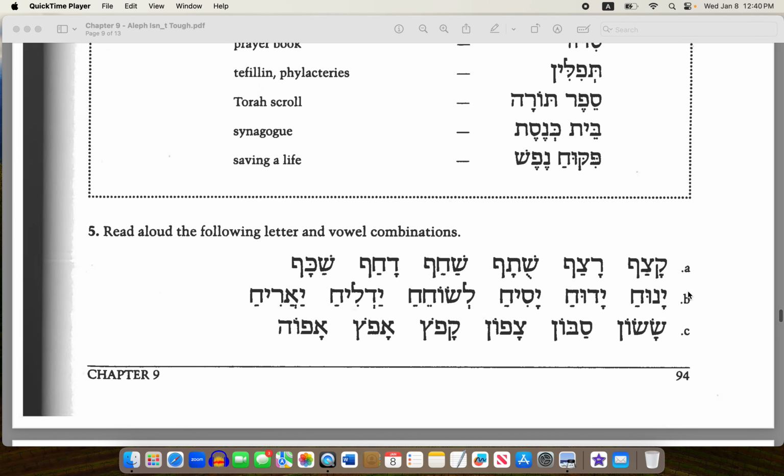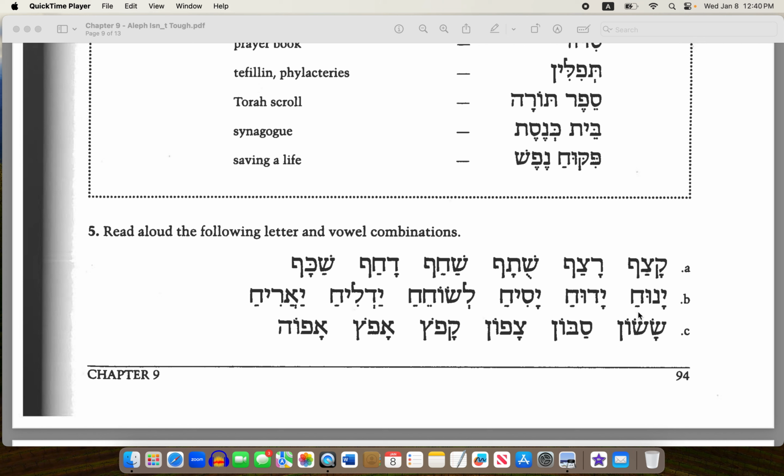Page 94 at the bottom, line A. Practicing our final phase. Katzaf, Ratzaf, Shutaf, Shachaf, Dachaf, Shakaf. Line B. Practicing our chet at the end with the vowel sound.